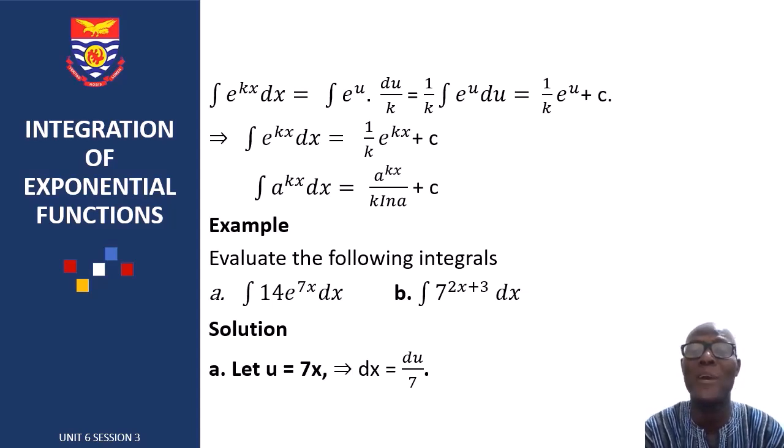Now when we integrate e power u, it gives e power u, multiplying 1 over k, plus c. But we know our u to be kx, so we substitute kx in place of u. Hence, we have the integral of e exponent kx dx to be 1 over k e exponent kx plus c.